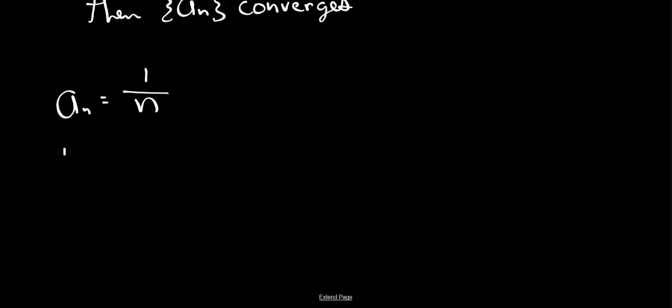You put in a 1, you get a 1. You put in a 2, you get 1/2, 1/3, 1/4. This sequence is monotonic, and it is bounded. It can never get bigger than 1, and it's never going to get smaller than 0. So we say that sequence converges.